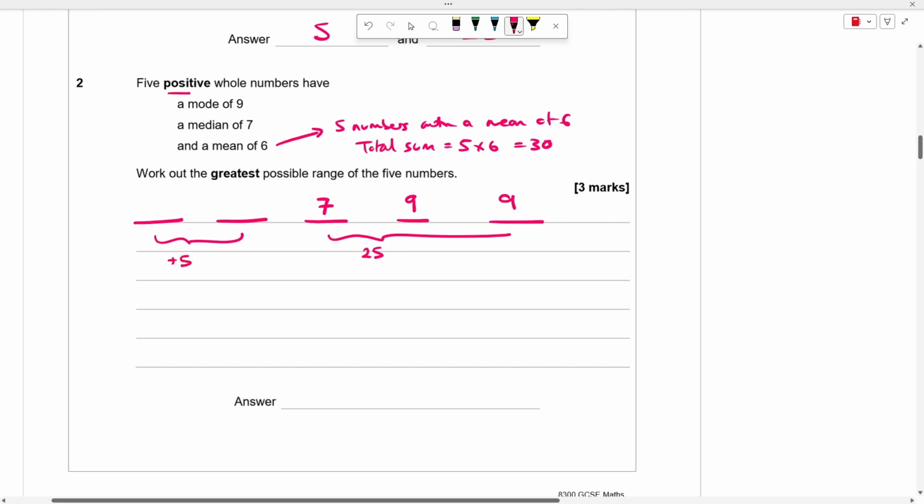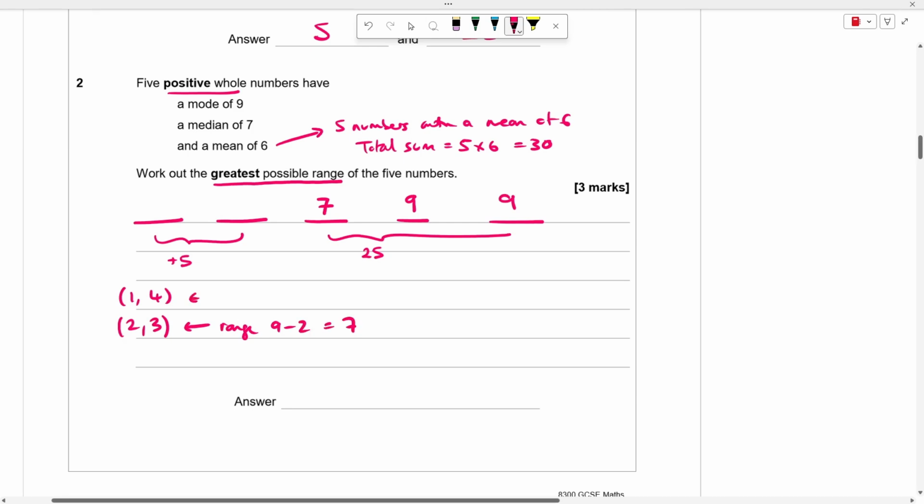Now the fact that the two numbers have got to be positive whole numbers means the only combinations I can have are 1 and 4 or 2 and 3. Now the question is asking for the greatest possible range. So if I was to pick 2 and 3, then the range would be 9 minus 2, which is 7.